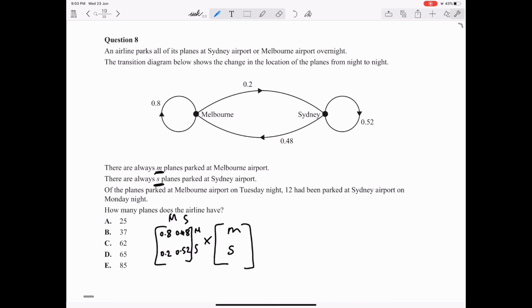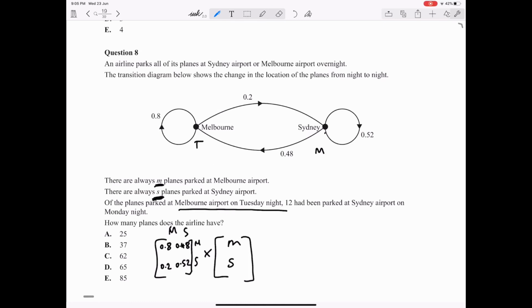So the question says, of the planes parked at Melbourne Airport on Tuesday night, 12 had been parked at Sydney Airport on Monday night. So basically the question suggests that 48% of the planes at Sydney Airport on Monday night would have been moved to Melbourne Airport on Tuesday night.